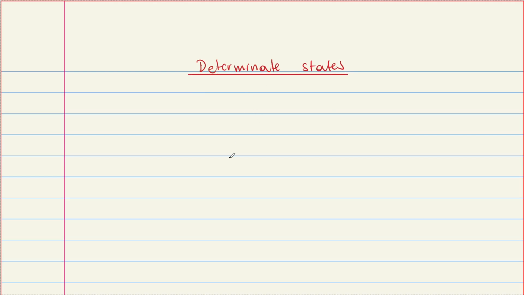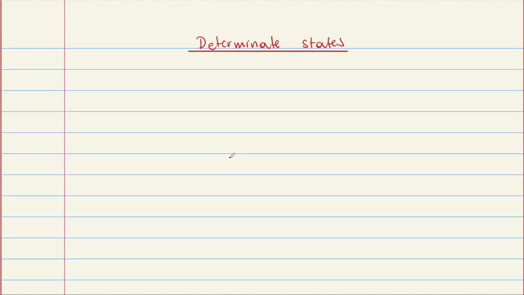So first let me remind you what we already know from the infinite well potential. We solved the time-independent Schrödinger equation, and we found H psi n of x is equal to En psi n of x.